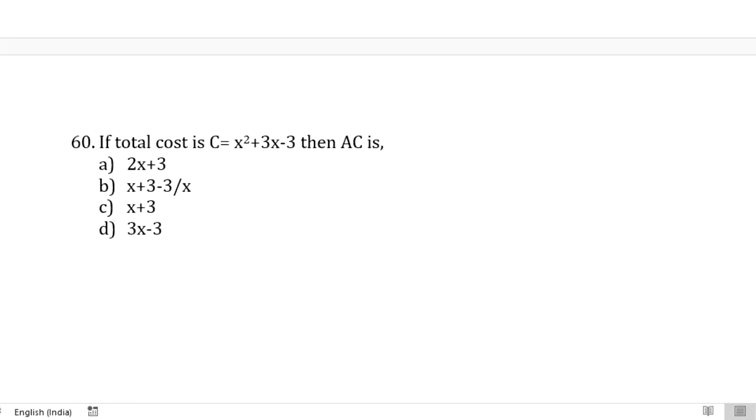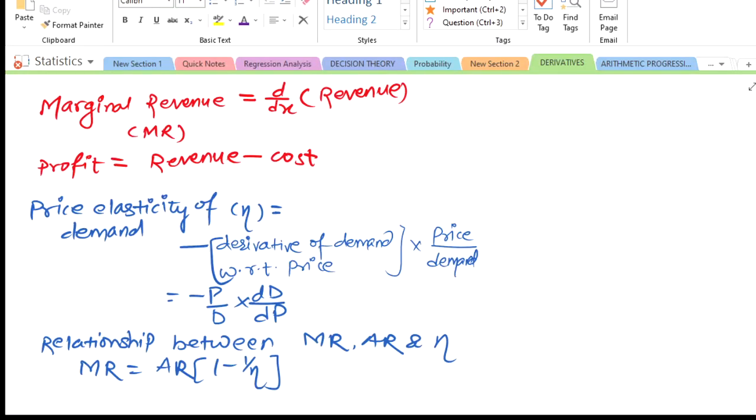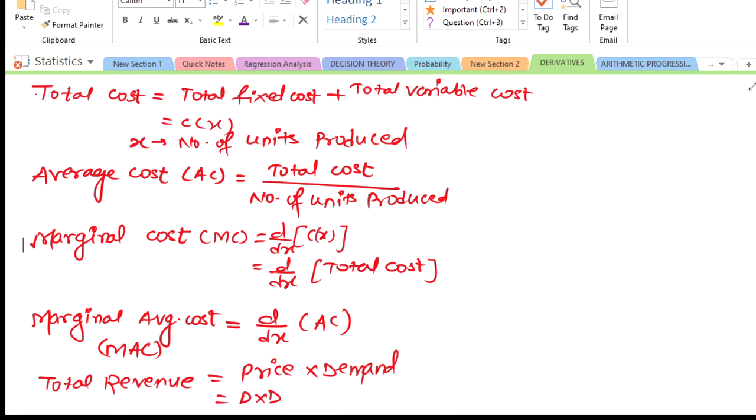Total cost is given and I have to find the average cost. So how do I find the average cost? Let's refer to the formula first. What is the formula of the average cost? Average cost is nothing but total cost divided by number of units produced.